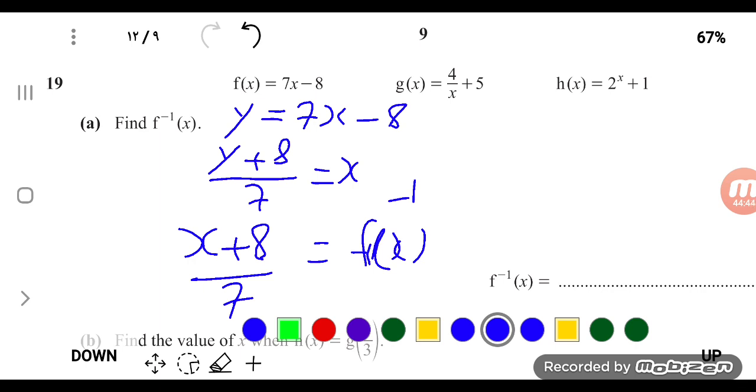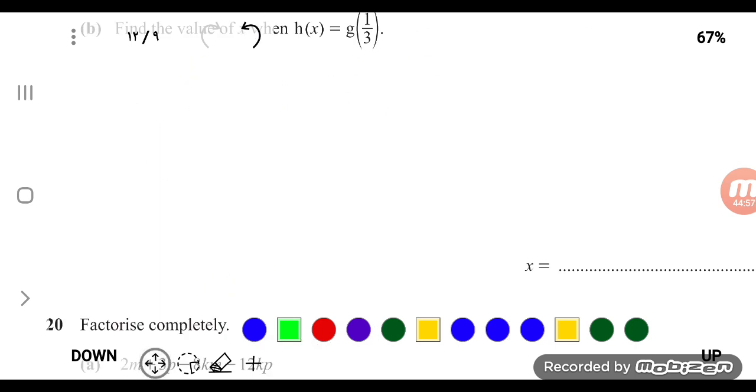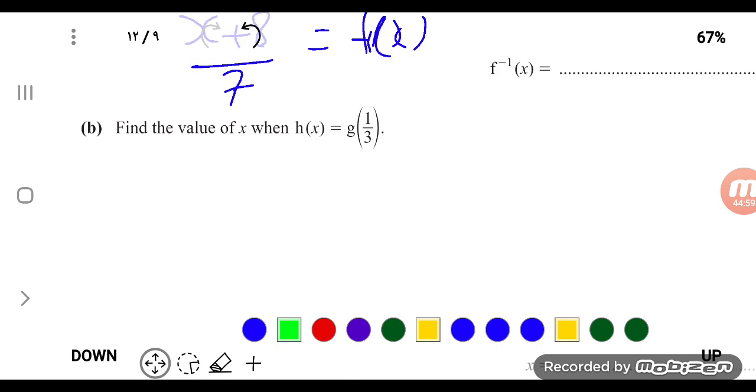Now, to see next one. Find the value of x when h(x) equals g(1/3).